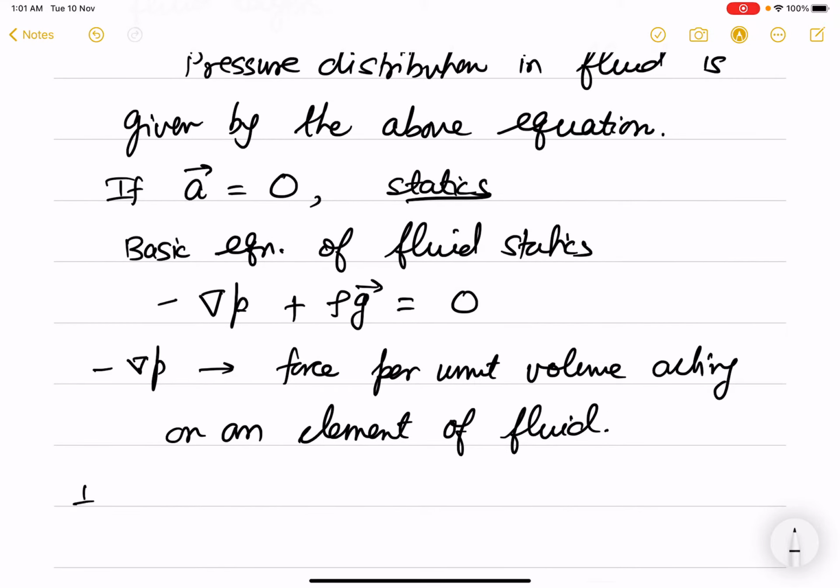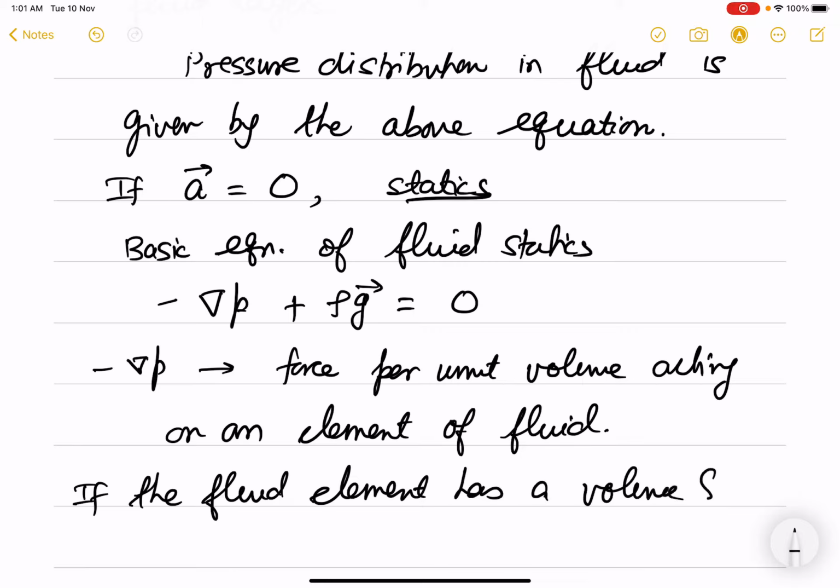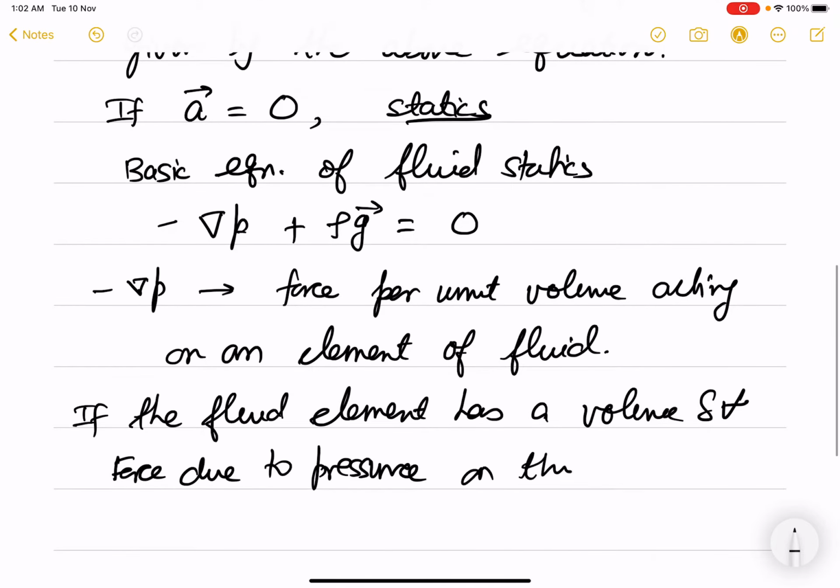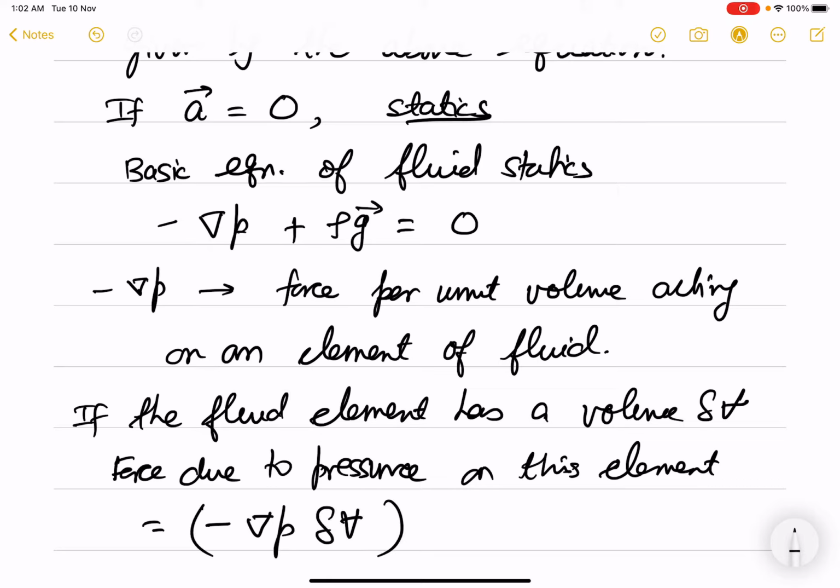Now, if the fluid element has a volume delta V, then the force due to pressure on this element will be equal to minus grad P times delta V. And this is valid if delta V is small.